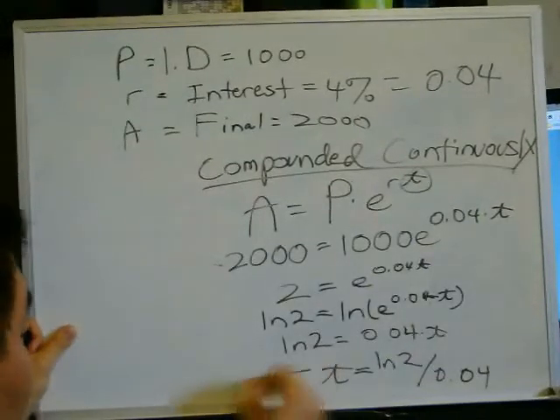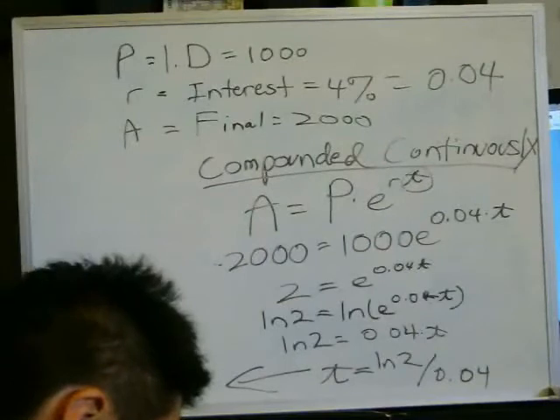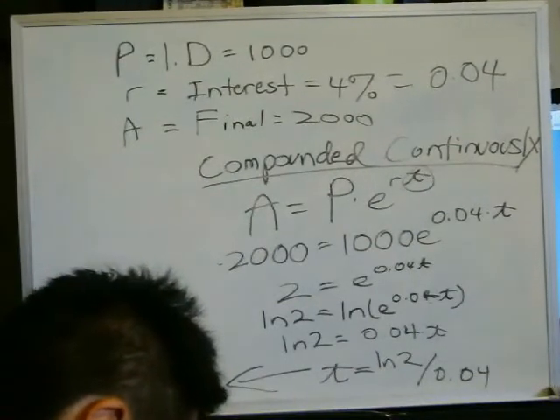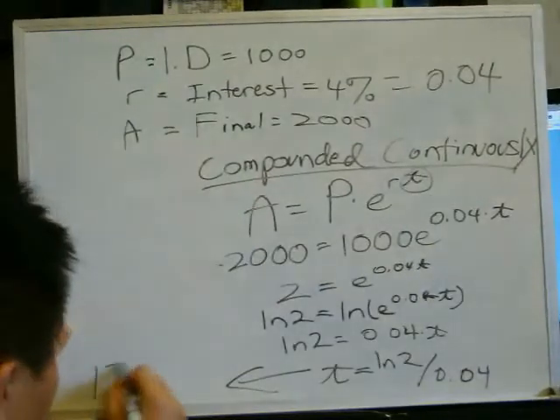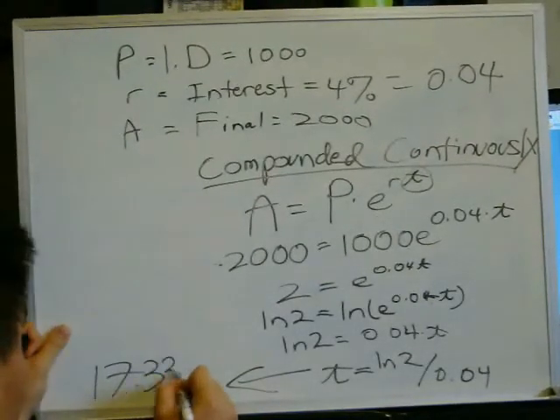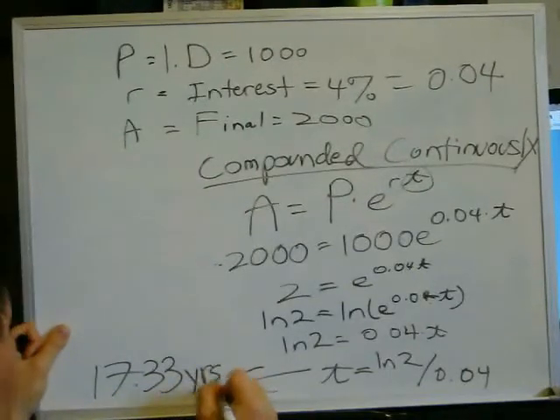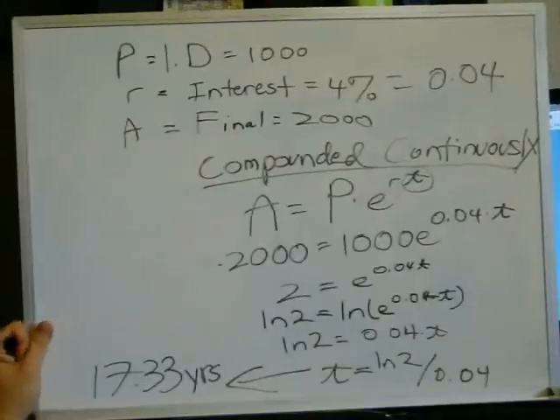So your final answer, plugging into the calculator, ln of 2 divided by 0.04, should take you 17.33 years, just about, to get from 1,000 to 2,000 at 4%.